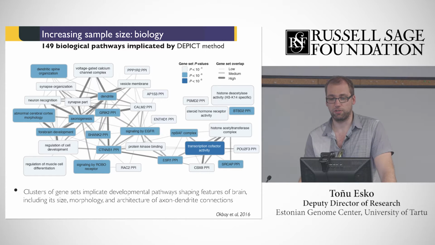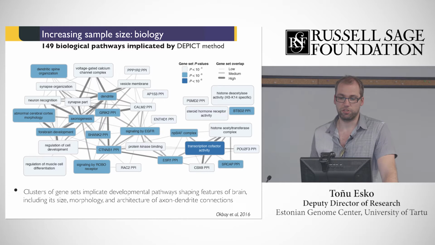Here we can also look at how the different pathways are interconnected, and we can learn something more about the biology, or in this case just reinforce the notion that the GWAS that we have conducted is not rubbish, but provides some meaningful insights.